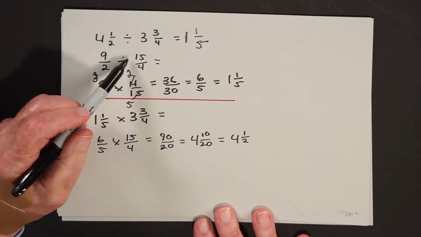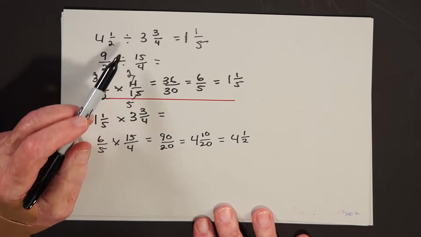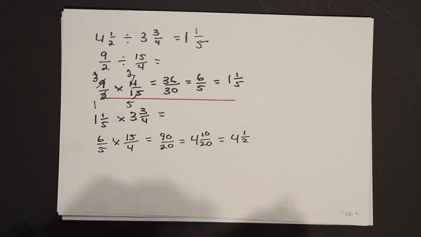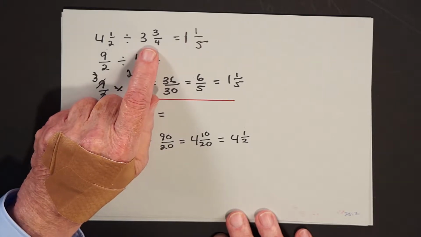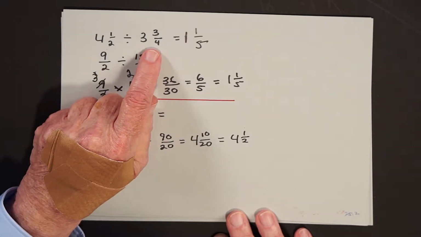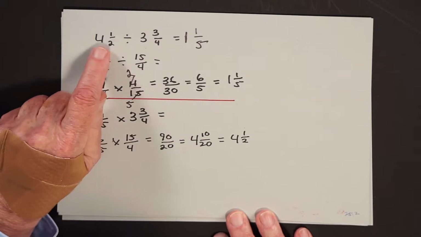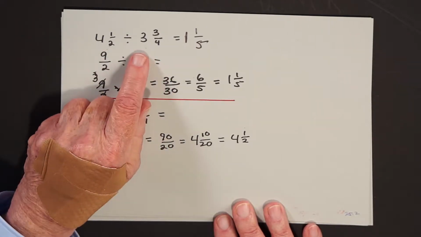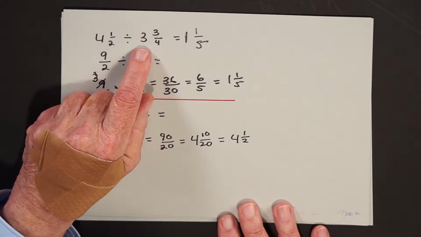Now, whether we understand what this means or not is another issue. Again, the definition of division never changes. In other words, as soon as we see this, we know that the answer we're looking for is what you have to multiply 3 3/4 by to get 4 1/2. And if we even understand that much, notice how we can get an estimate right away.